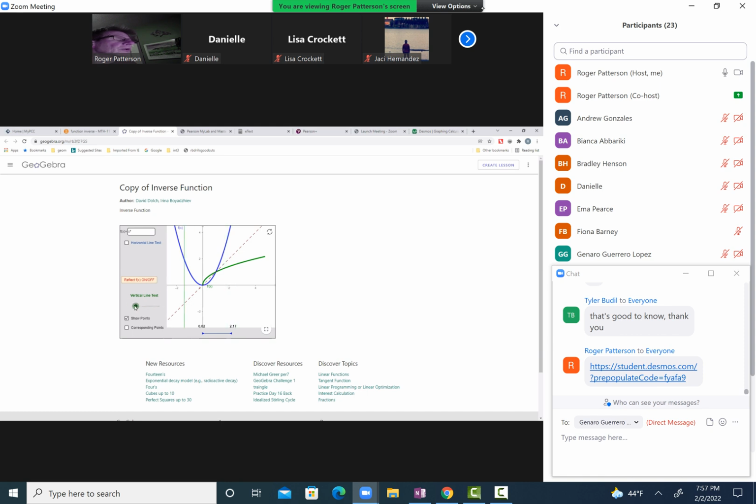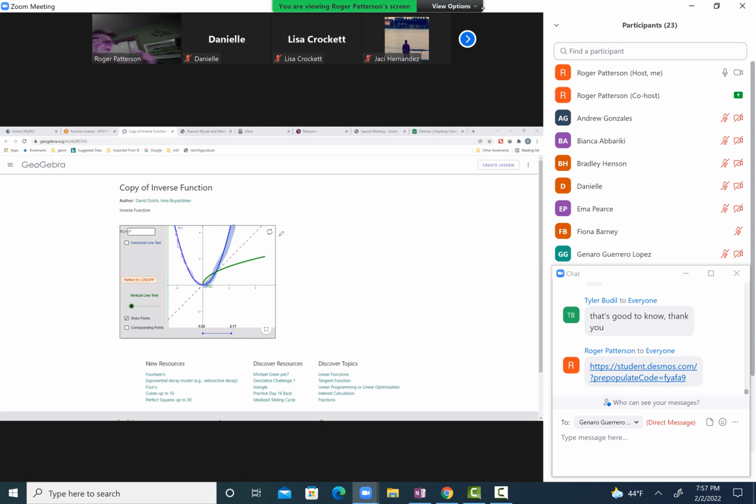But the only way to do that is to restrict the domain of this blue one. So I'd have to take this side and get rid of it, so that the graph is really just this thing.